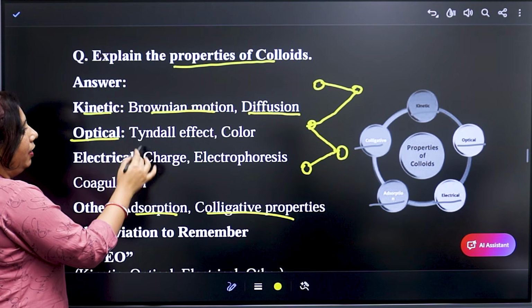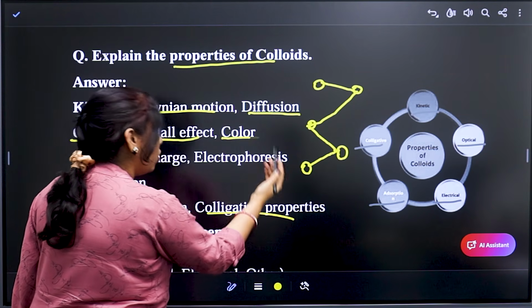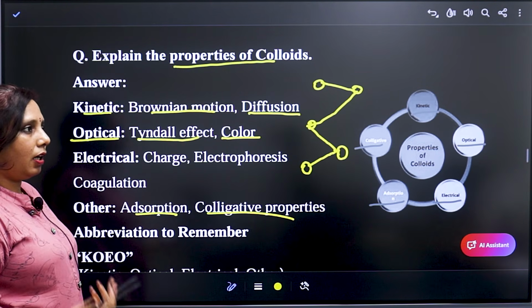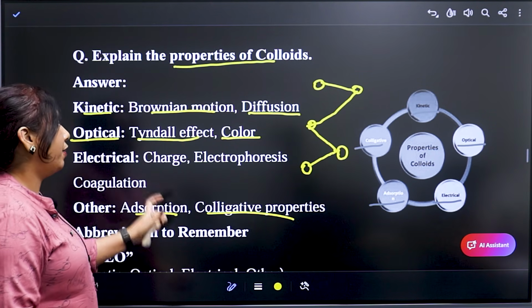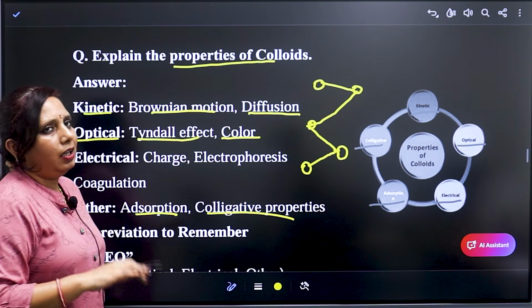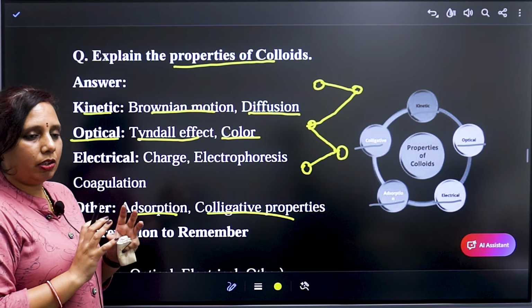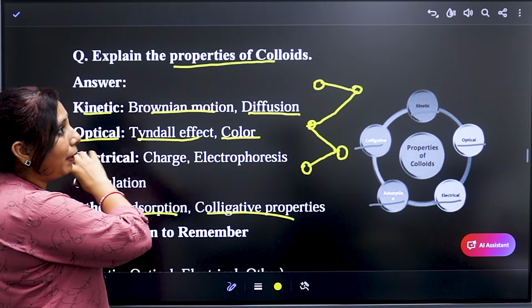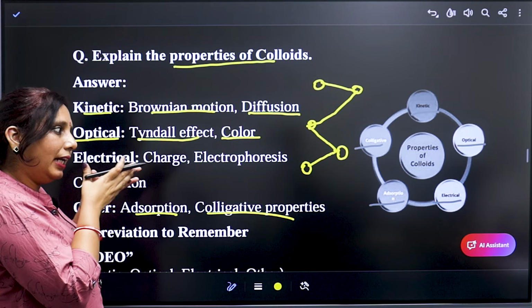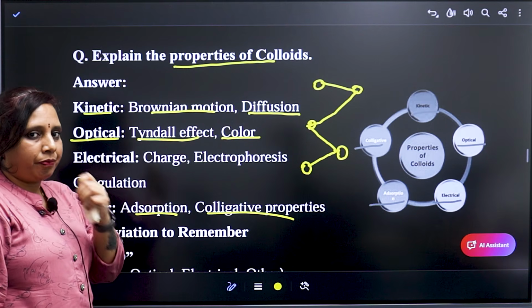Then optical properties: Tyndall effect, and they are also colored. Some colloids are colored, and there is a specific effect called Tyndall effect. Tyndall effect suggests that when light is passed through colloidal solutions, we can see the path of the light when it enters the solution.